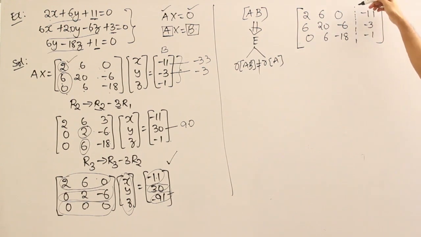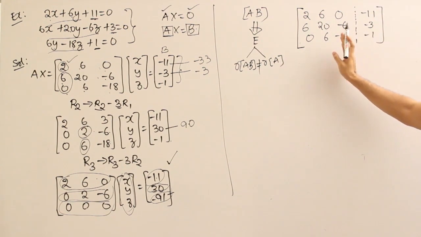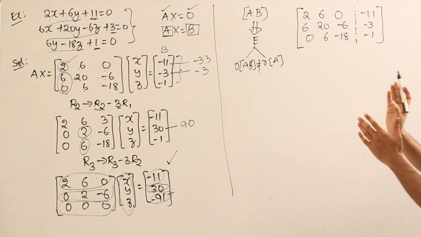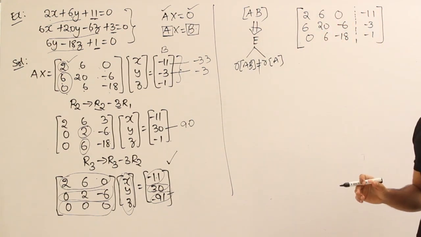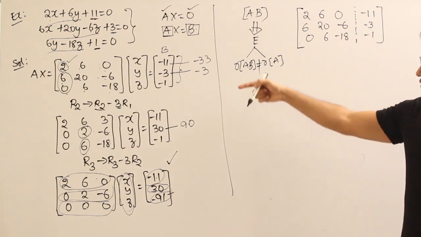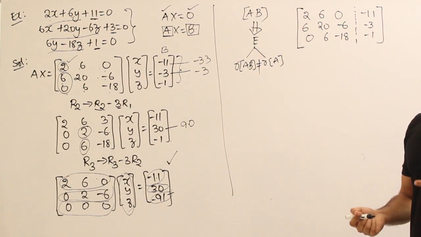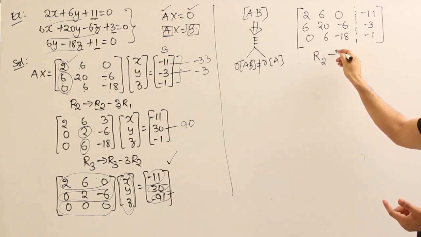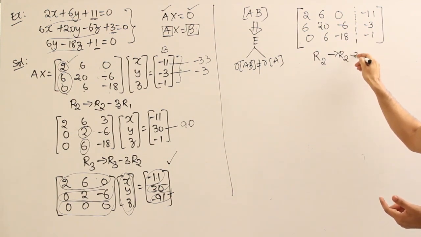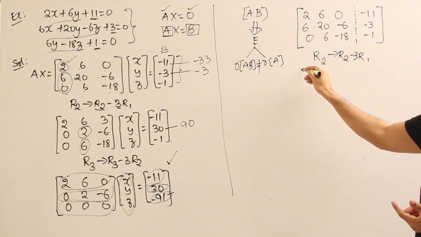I am just writing these dots just to show you that this is A, this is B, and the combination is AB. Now you treat this as a single matrix, and again you convert it into echelon form by using the same transformations. Then see what happens. Now I'll be applying the same transformations. R2 is R2 minus 3R1. Then what did we get?